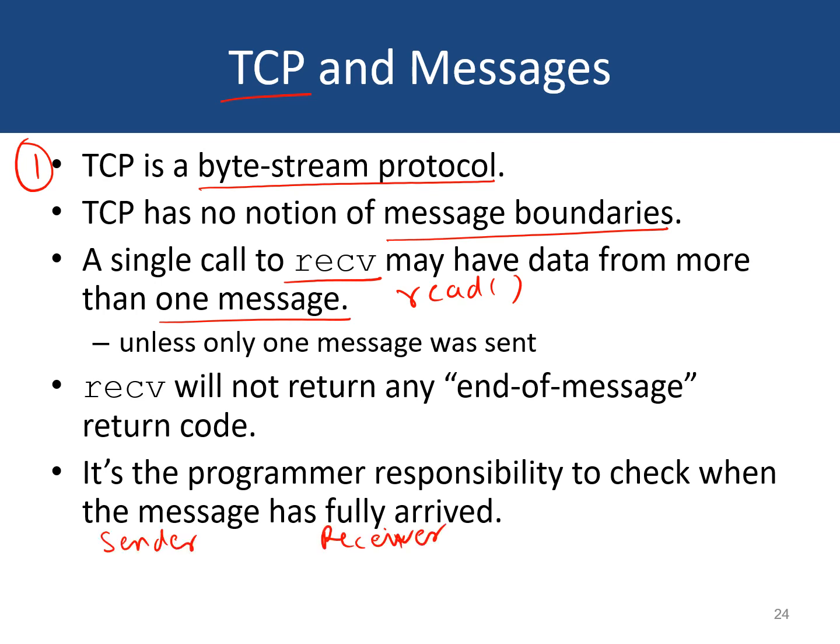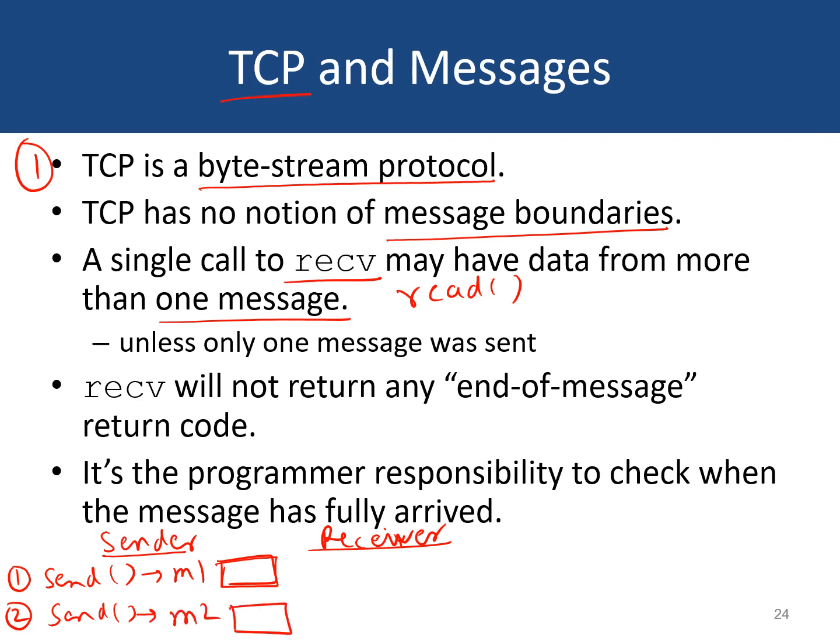So for instance, let's say we have a sender and a receiver. Let's assume the sender makes two consecutive calls to the send function. With the first call, the sender sends message M1, and with the second call to send, the sender sends this message chunk M2.